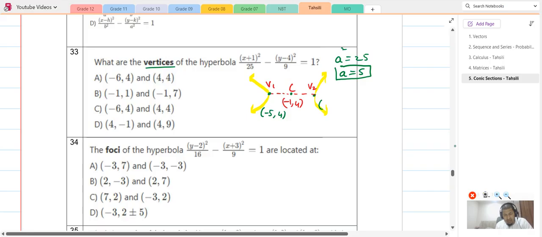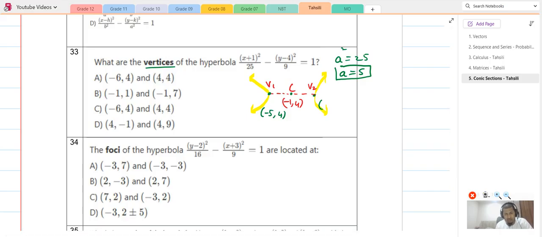If you go 5 to the right, you end up at 4 and 4. So those are the vertices.